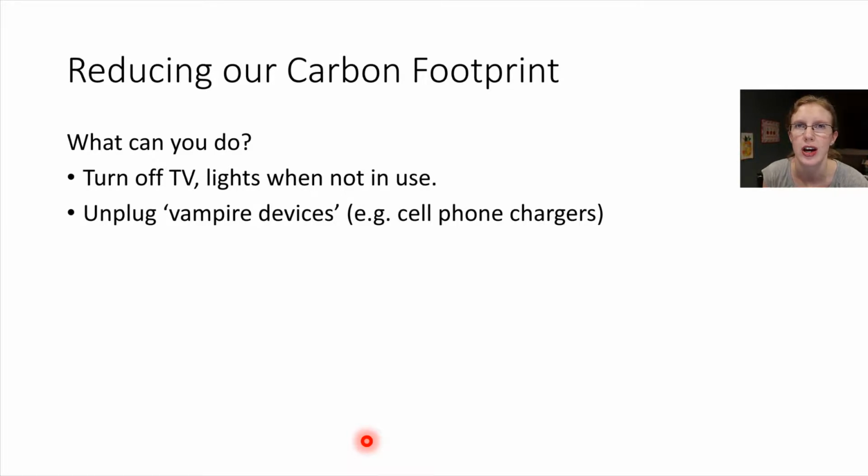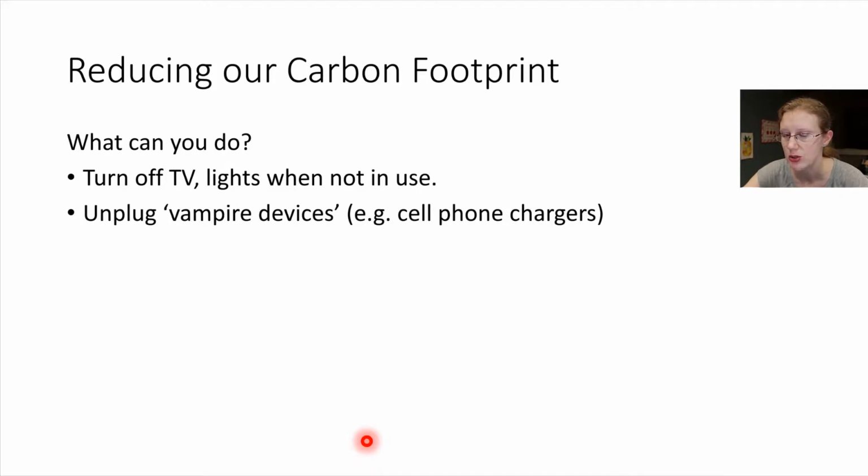They're just always draining the electricity, even though we're not actively trying to charge our cell phone. So that's something you can just unplug if you're not using it in the moment, and that will decrease your carbon footprint over time.